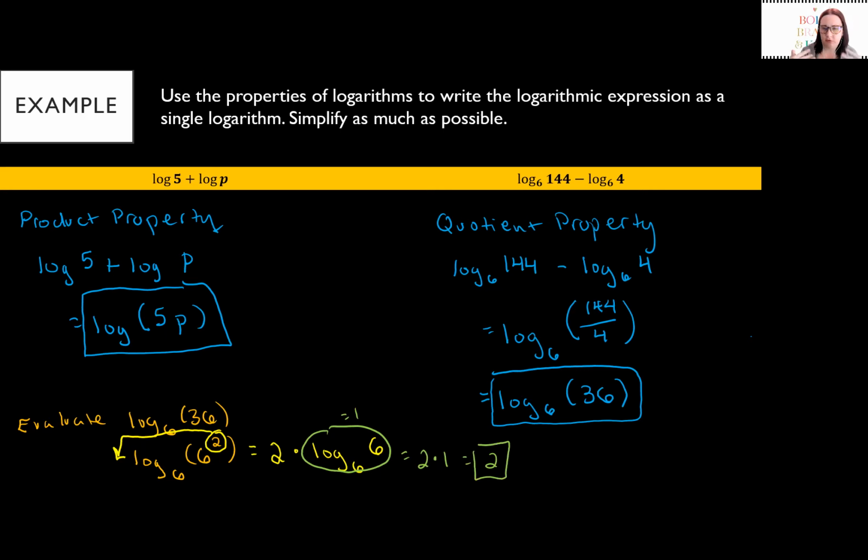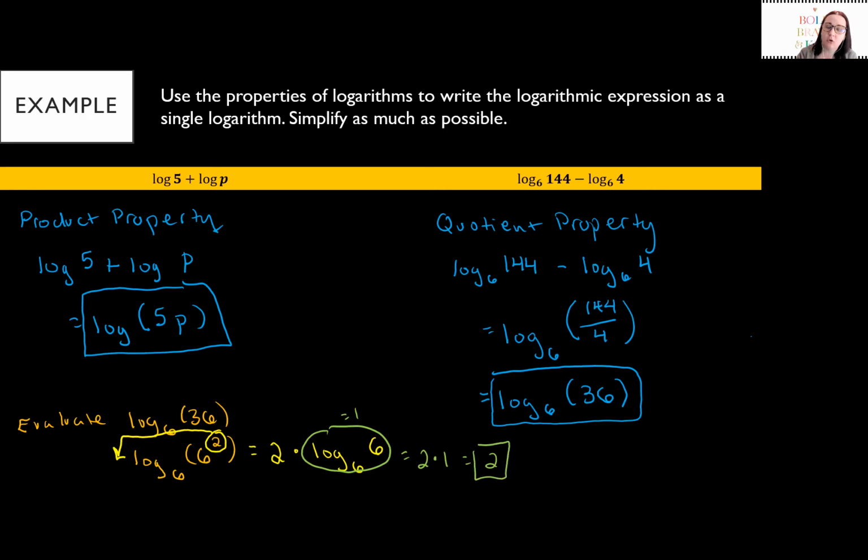So I'm doing this for multiple reasons. One, to kind of go over the directions, because one thing that often mistakes are made is not following the directions. So the directions that we had here says use the properties of logarithms to write as a single logarithm and then simplify. That's what I have boxed.